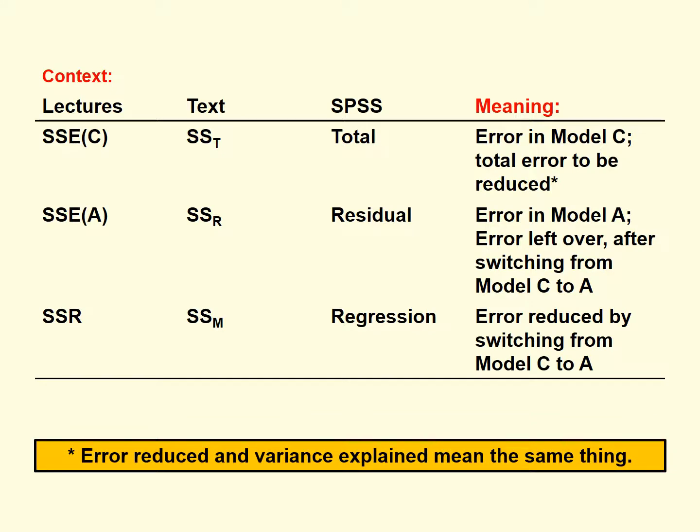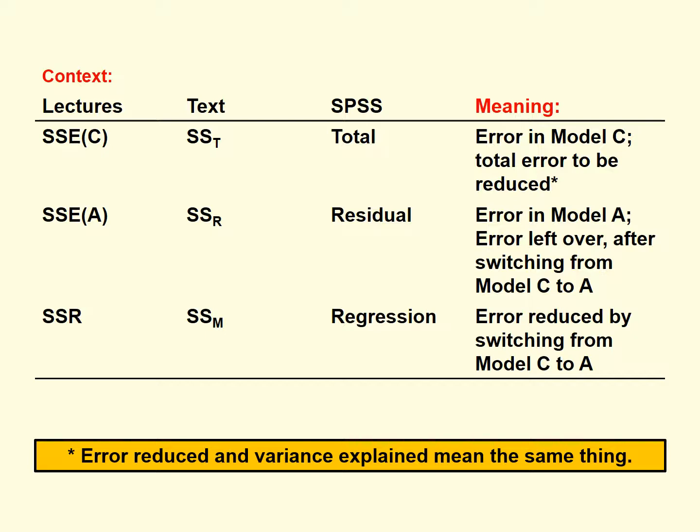So for example here, in most of my lectures up to this point, I've used a non-subscripted notation. So if I'm talking about the sum of squares error for the compact model, I'll call it SSE parenthetical C, or just SSC sometimes for the sum of squares for the compact model. In the textbook, Andy Field's Discovering Statistics Using SPSS, he usually uses a subscripted notation, SS sub T. Or if you look in SPSS in the output, at least the output from the regression module, which we started playing around with last time, you'll see a label of total given to that same calculation.